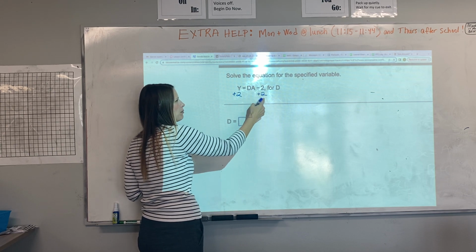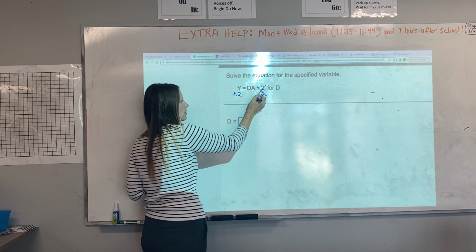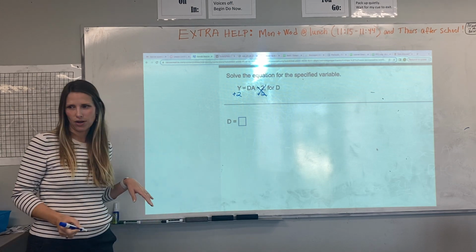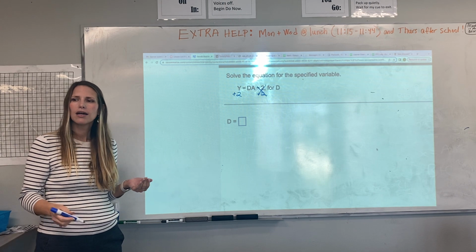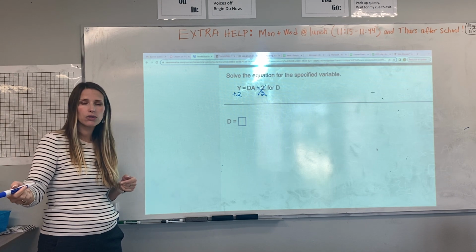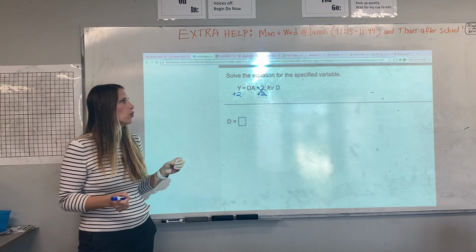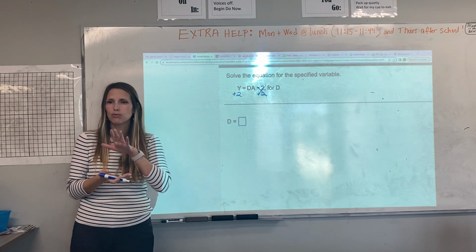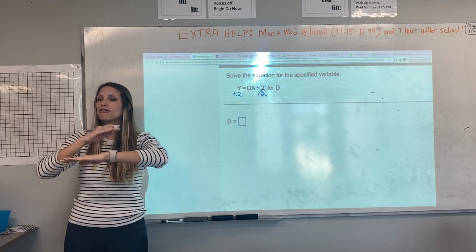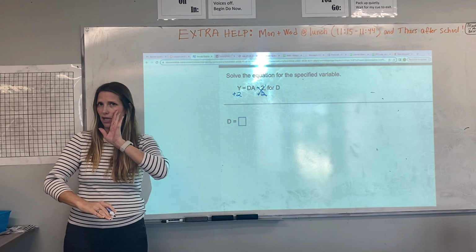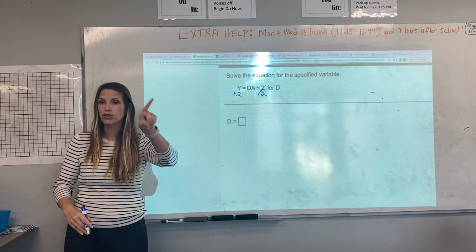A -2 and a +2 cancels out to 0. -2, what? You even said 1. Yes, and I also said just a minute ago that when you cancel out addition and subtraction, it cancels to 0. When you cancel out by dividing or multiplying by a reciprocal, it cancels to 1.